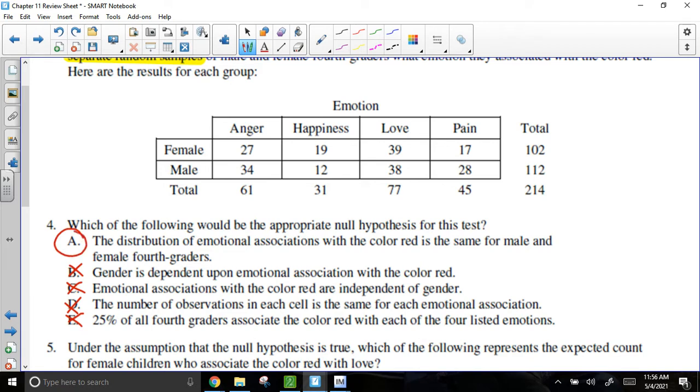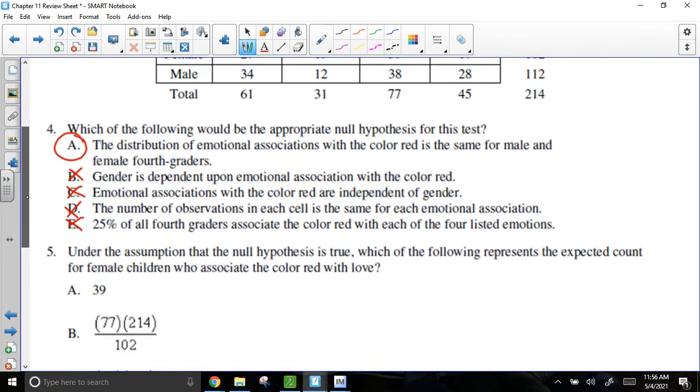Even though this is not using the same sentence frame that I typically give you, the sentence frame, again, was that the distribution of emotion is the same for population 1, female, and population 2, male. The distribution of emotion with the color red is the same for the male and female. So yeah, A is the great answer there.